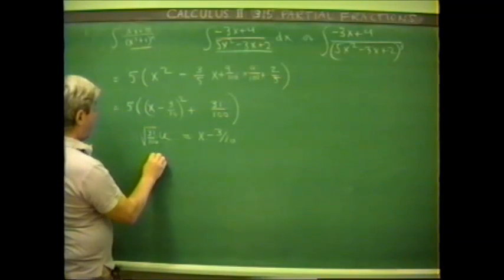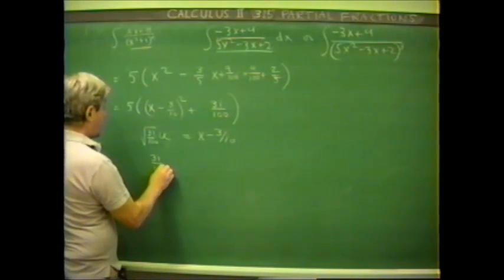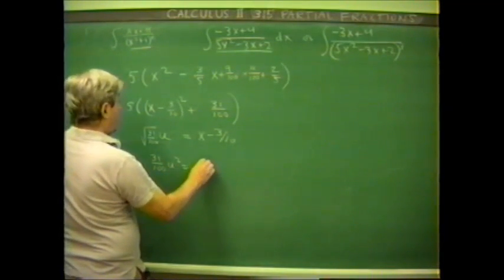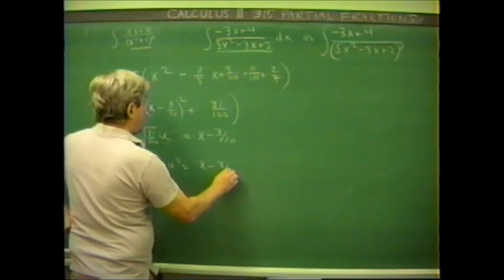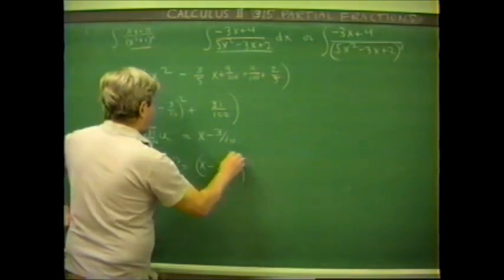Because then 31/100ths u squared will be equal to x minus 3/10 quantity squared.